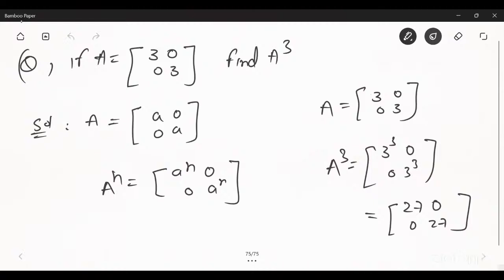Now the next topic is the inverse of A. How do you define the inverse of A?